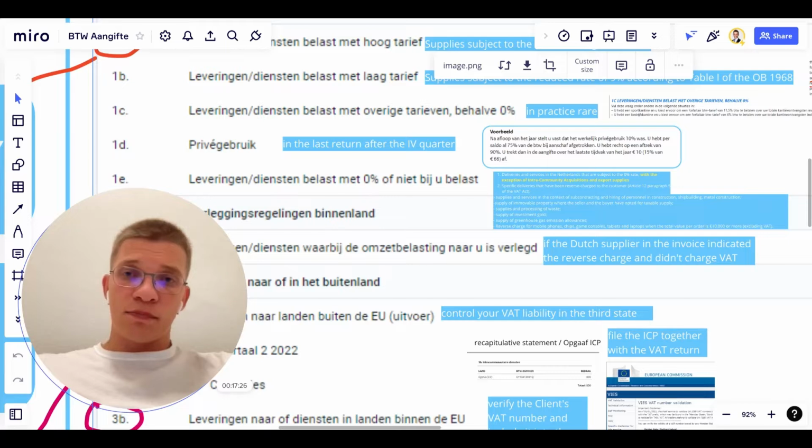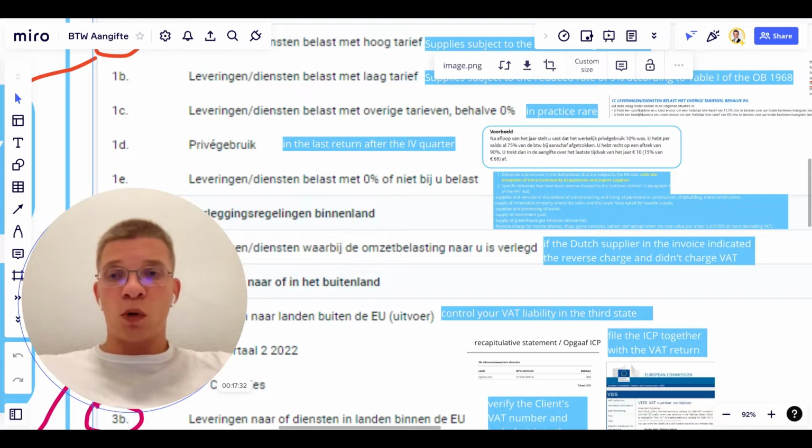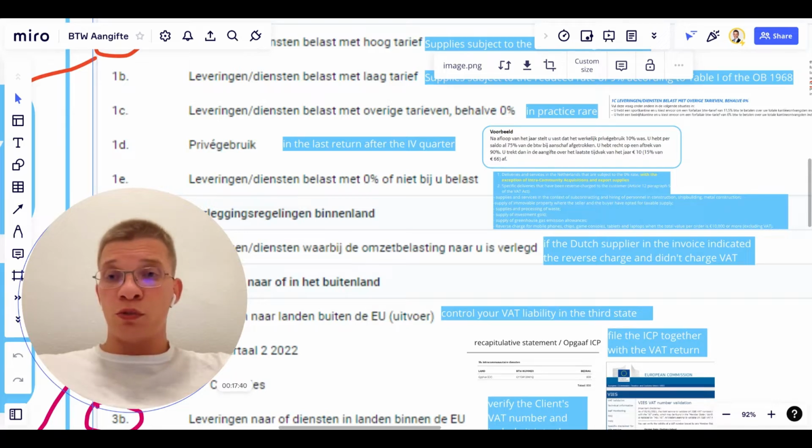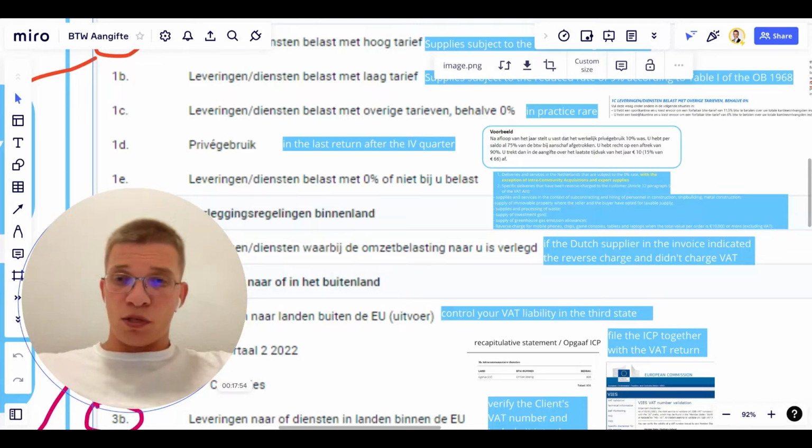In these cases, generally you need to apportion each and every supply which was rendered to you between the private use and the use for the account of your taxable services. And this apportionment you do several times.